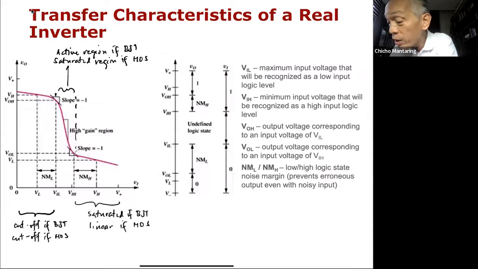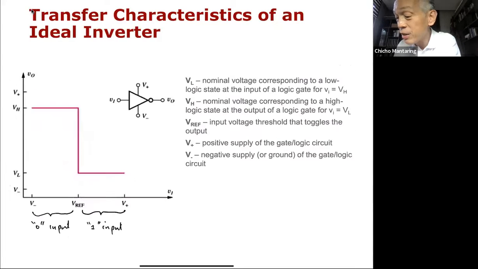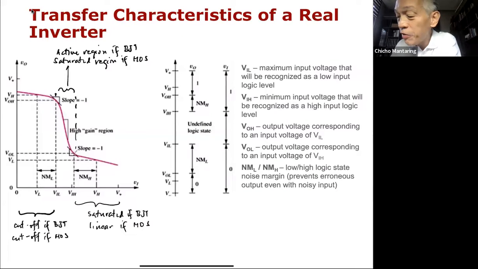But my output will be a 0. Kasi kung 1 yung input, my output will be a 0. The maximum value of that output will be this, VOH. That corresponds to when my input is its minimum.